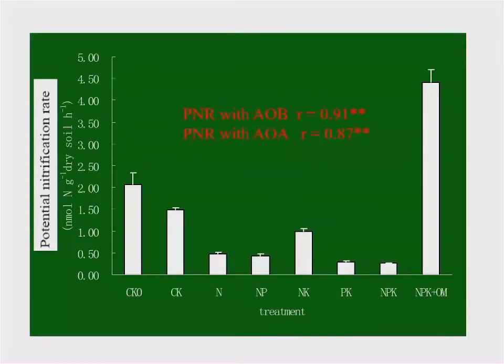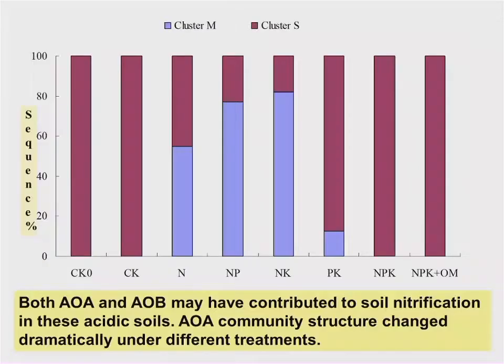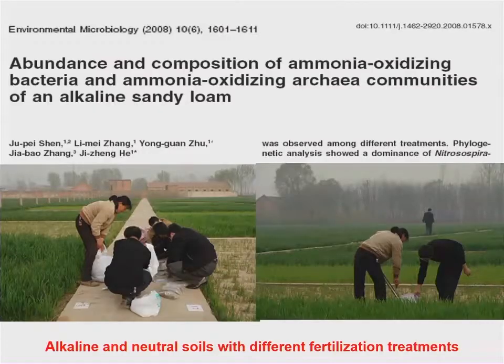And also AOA and AOB, and the potential nitrification rates keep changing in different soil. And also the composition of the AOA changed. For example, with nitrogen and phosphorus, nitrogen and potash, or the nitrogen application, the composition of AOA changed dramatically.